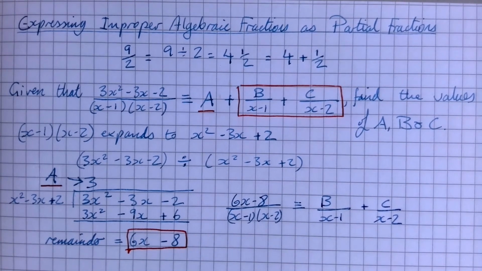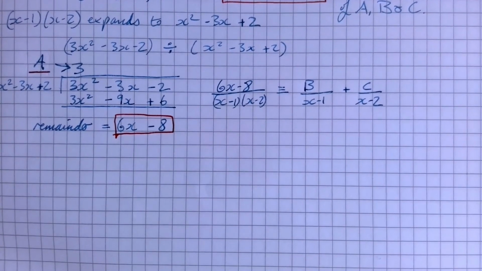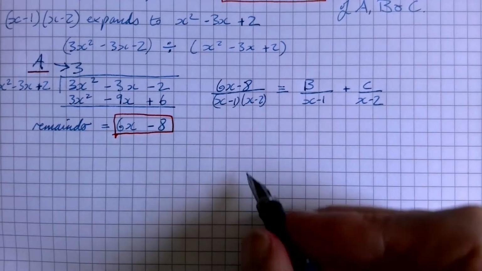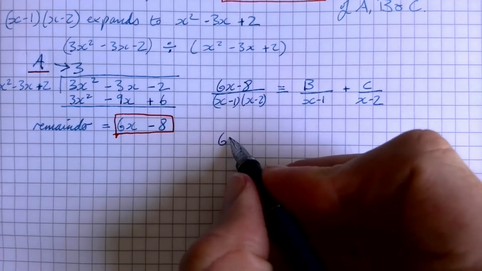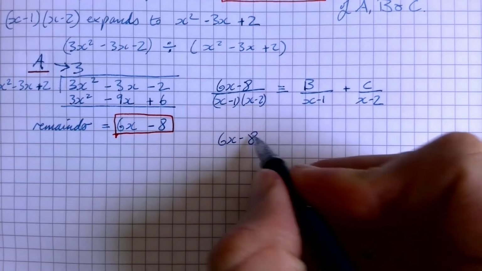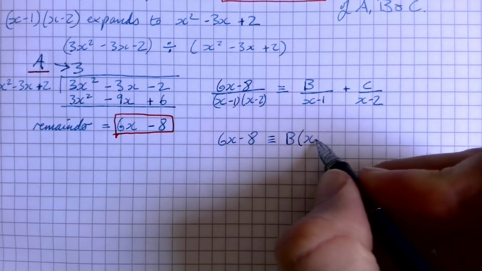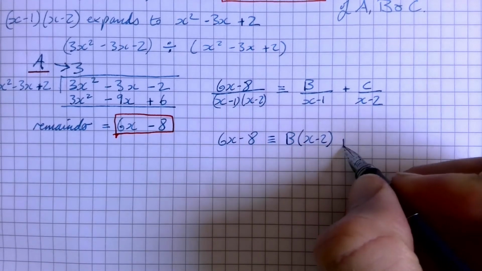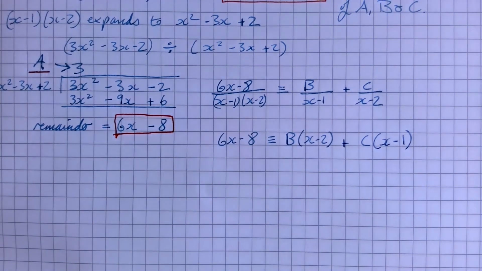And then we're just doing partial fractions as we've done before. So have a little go, see what you get. Hopefully you should have that 6x take 8 is identical to b multiplied by (x minus 2) plus c multiplied by (x minus 1).